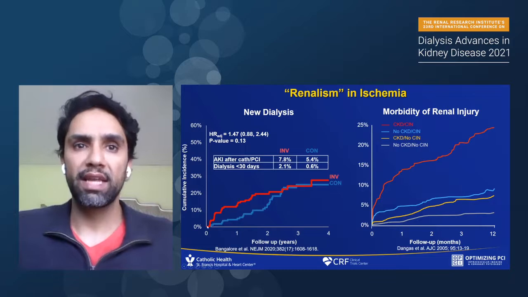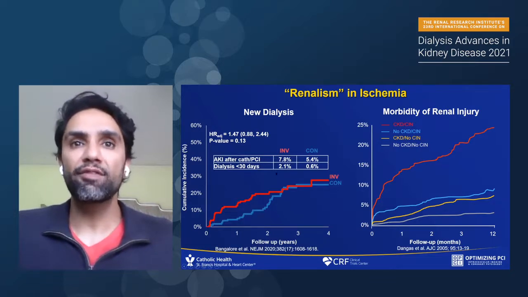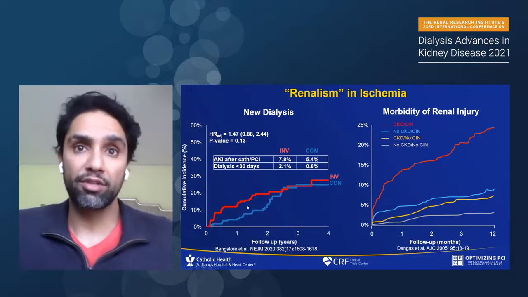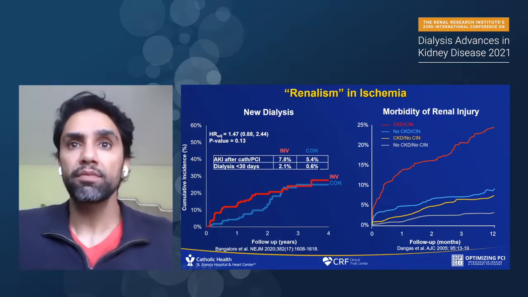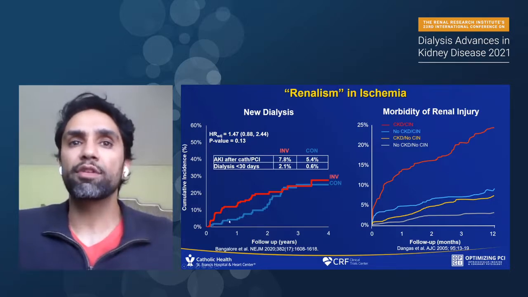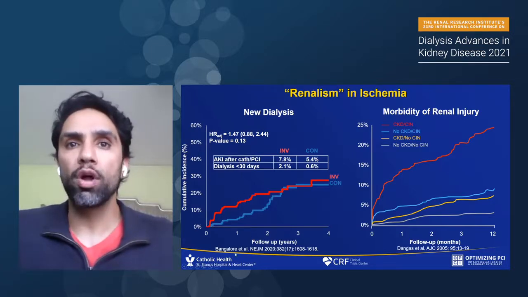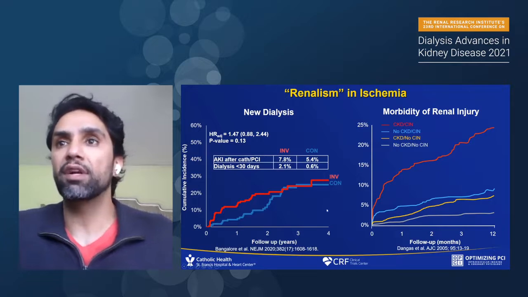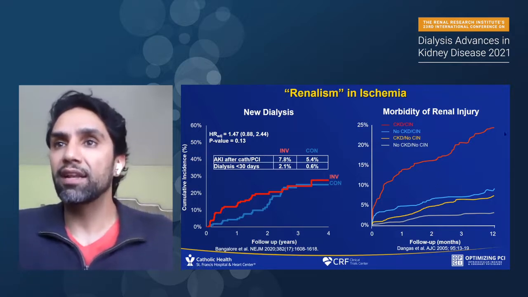And what you'll notice is in those patients who have advanced CKD, the incidence of dialysis as a result of the procedure, presumably because it's randomized to procedure versus not, is more than threefold higher. So this threefold hazard of creating an increase of dialysis early on really creates an atmosphere where the operators don't want to intervene on patients even when they have a clinical indication. And here's the data to support that.